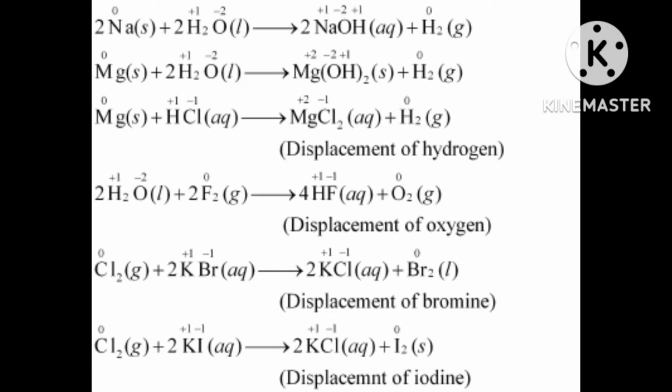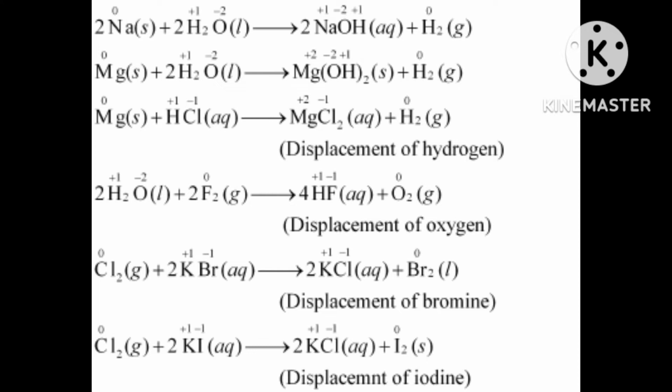And this reducing activity is in the order of Zn greater than copper, copper greater than silver, like metals. Activity series also exhibit for the halogens. Halogens you can also see in the activity series.